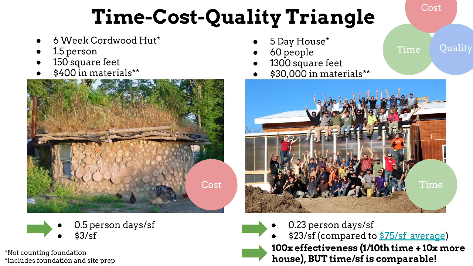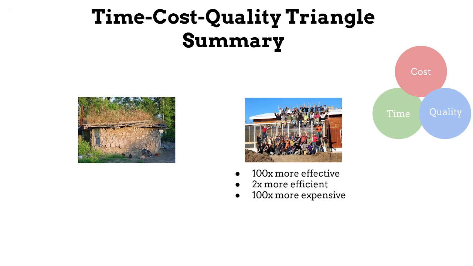Like double that now, probably? Yeah, it was $23 a square foot for the actual materials, not counting labor. So the materials cost would be, say, about $50 a square foot, just materials. Now that's really good, because in modern prices, that's decent.